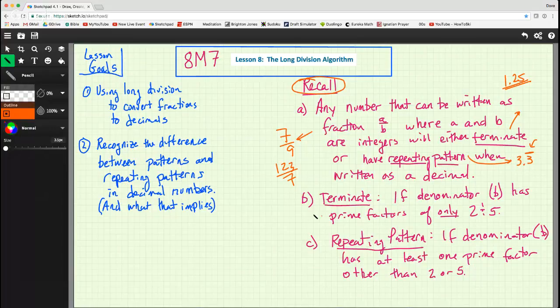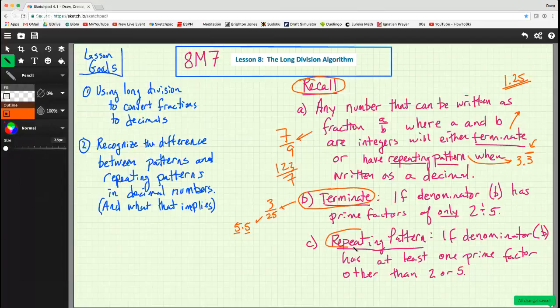Now, we further learned in that lesson that numbers will terminate if the denominator has prime factors of only 2 and 5. So, for example, a number that's written as 3 over 25 will terminate because the denominator b has factors of only 2 or 5. It doesn't have to have a 2 and a 5, it just has to have only 2s and 5s.